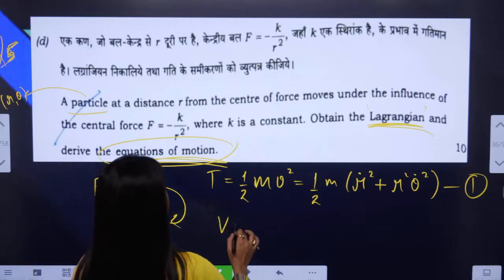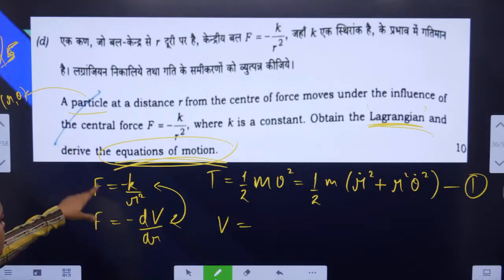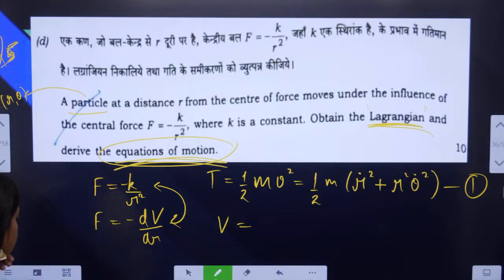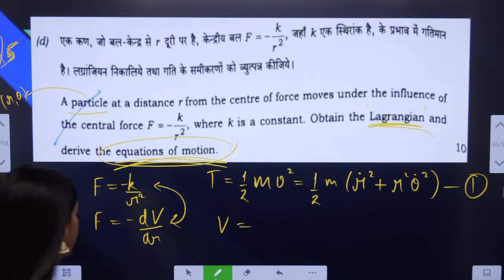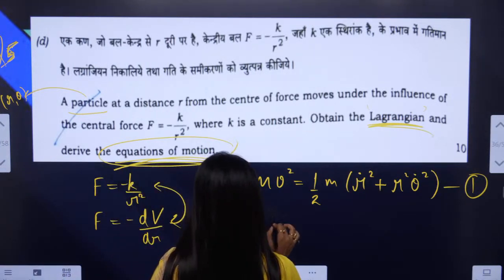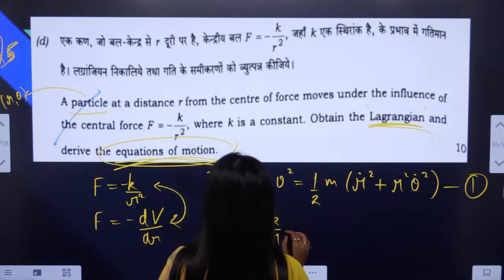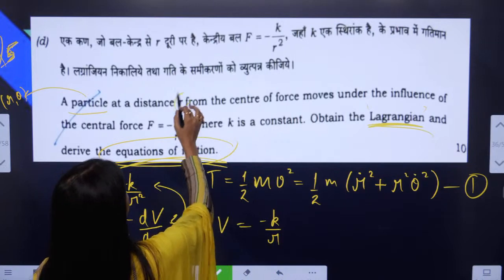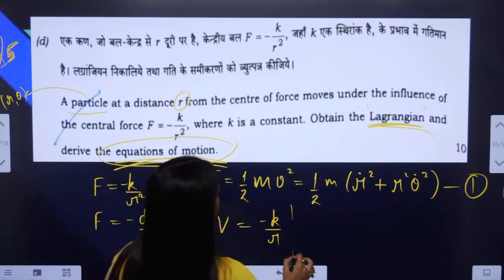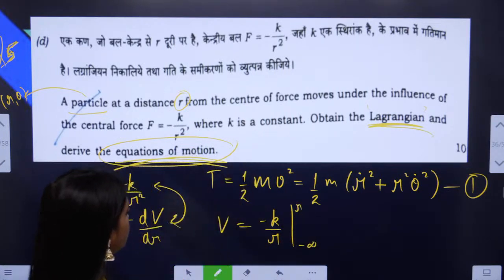If you integrate this, what you will get? This is equal to minus minus cancel, k times 1 by r square dr. So it becomes minus k by r, right, and you are at a distance r, so from minus infinity to r, in terms of r.